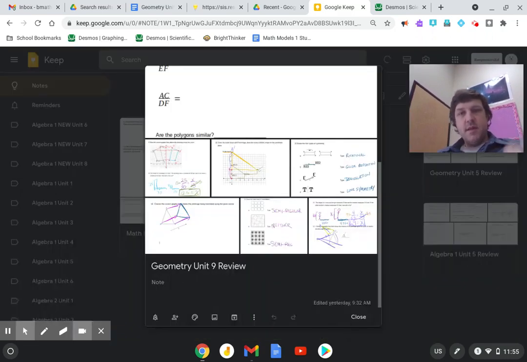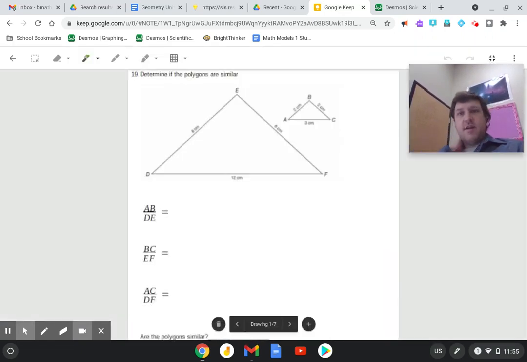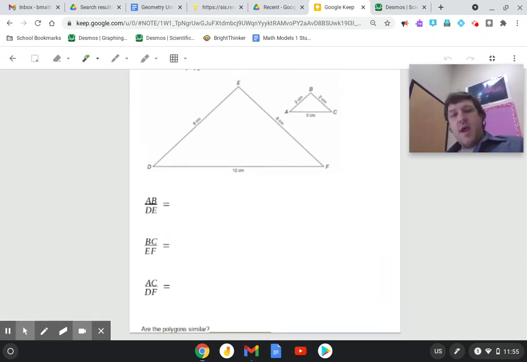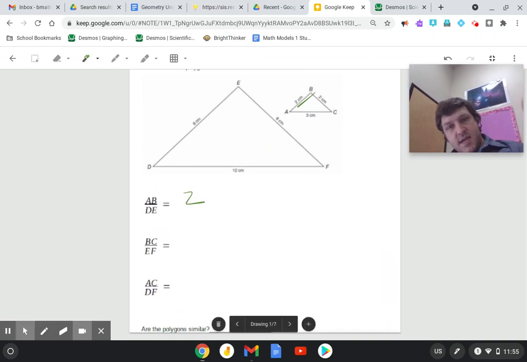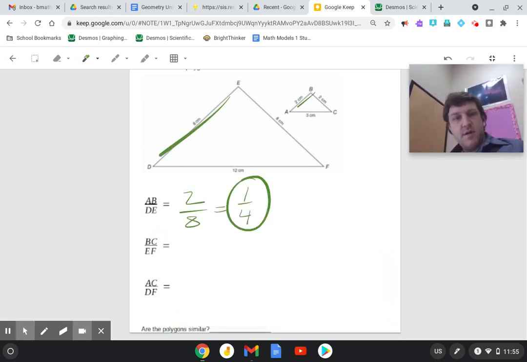All right, last type of problem is going to be similarity problem. All you got to know on similarity is if all three of these fractions equal the same thing after they're simplified, then you have, yes, similar figures. So AB, it's right here, is 2. DE is 8. That reduces to 1 over 4.